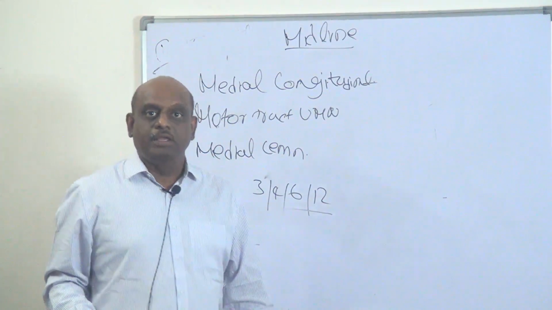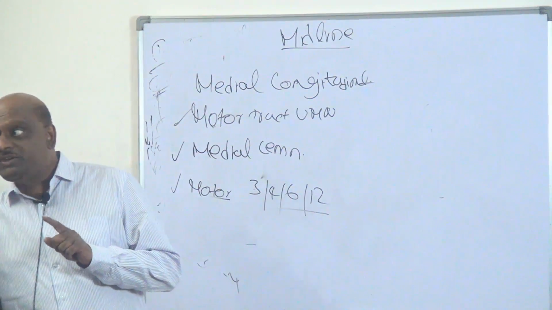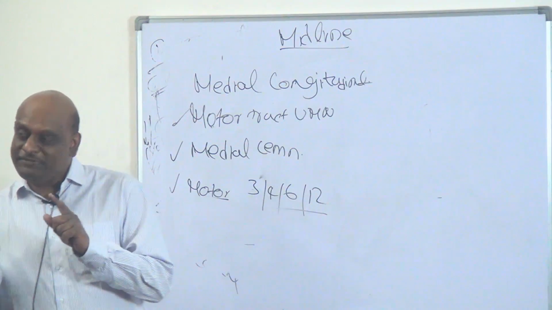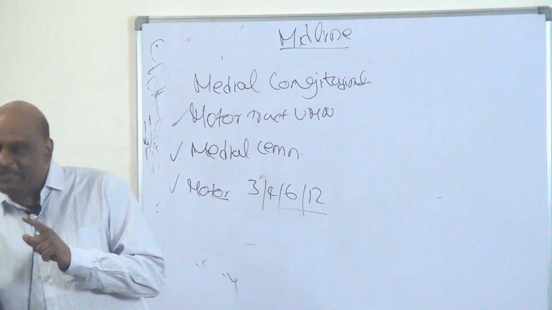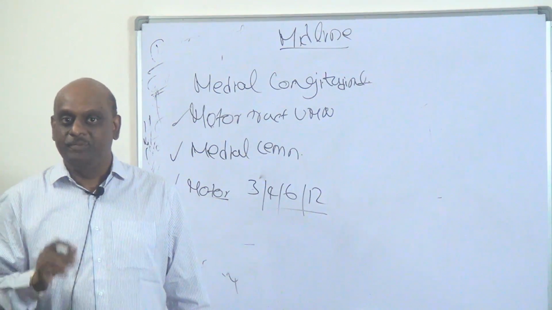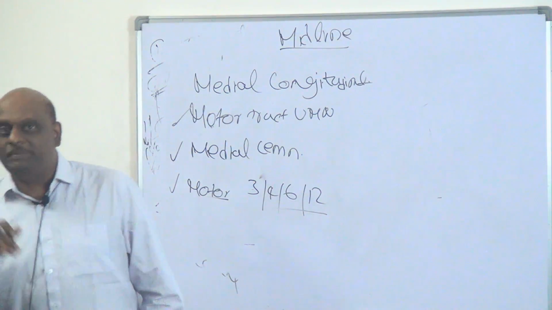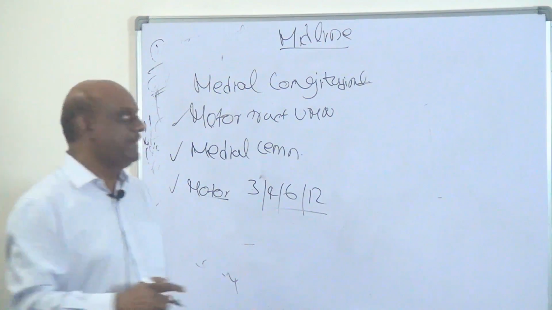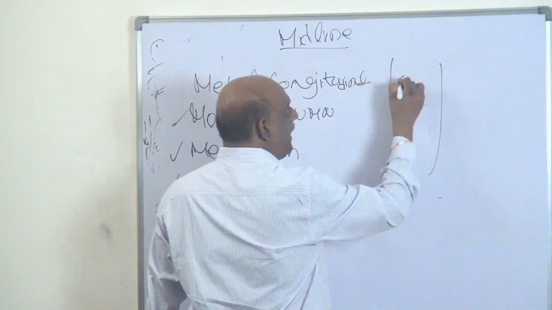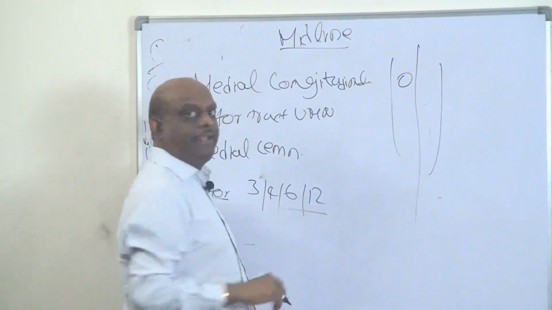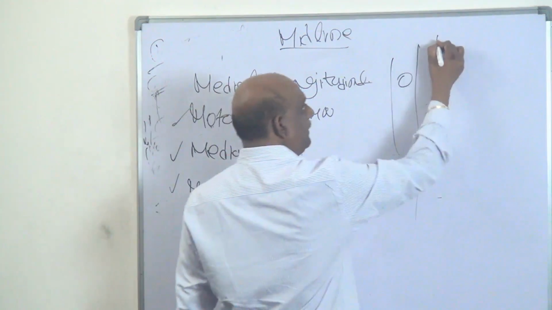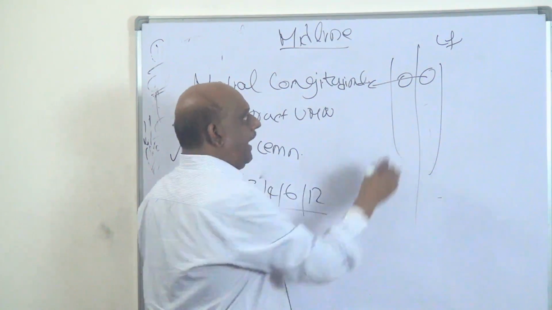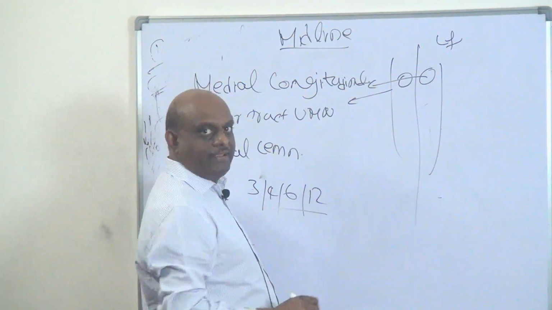Very simple. Whenever you are looking towards your right, let us say there is a handsome guy or a beautiful girl in the reading room and you are looking towards your right, what's happening? Your right eye is abducting, your left eye is adducting. So, let us say your left eye is adducting and your right eye is abducting.